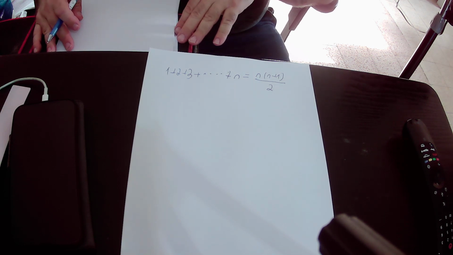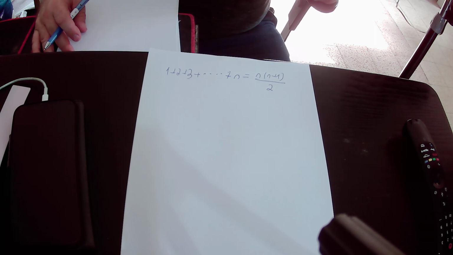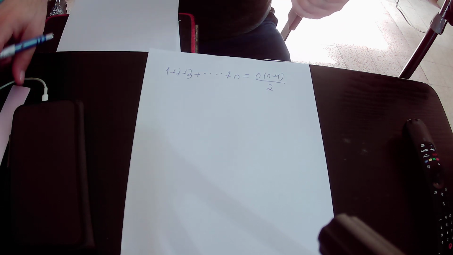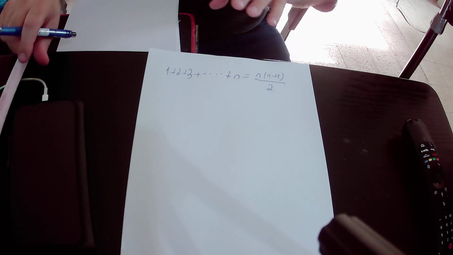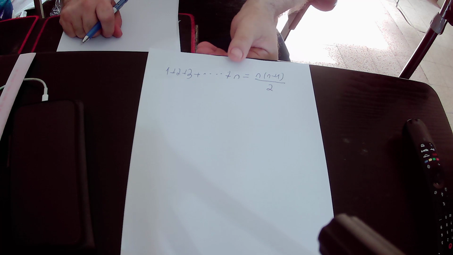So the first step that we must do is to check the claim for n that equals 1. So we will check if this statement is true for n that equals 1. Okay, so the first step.